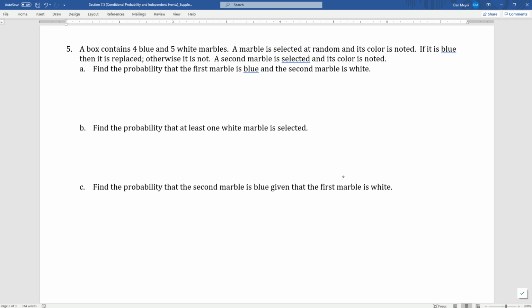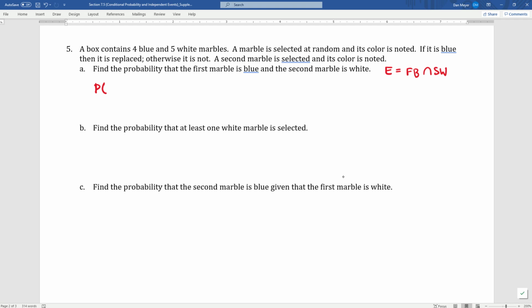So there's a conditional probability formula here. We'll call our event first blue and second white. There are a couple of probabilities. The product rule here: now these aren't independent events.